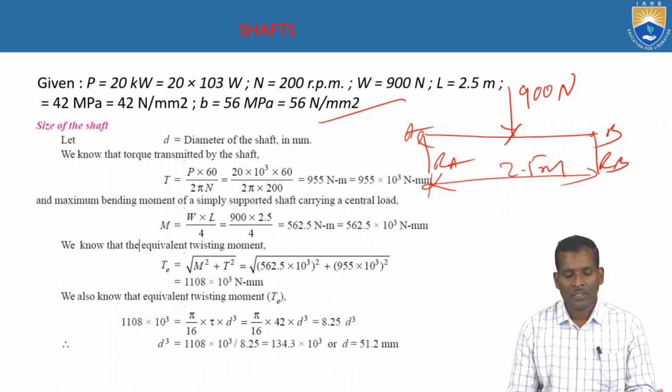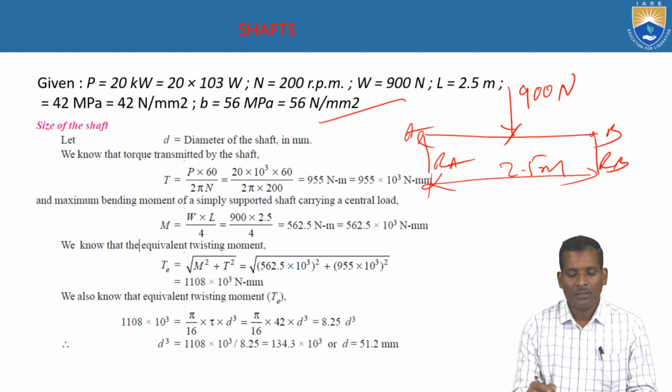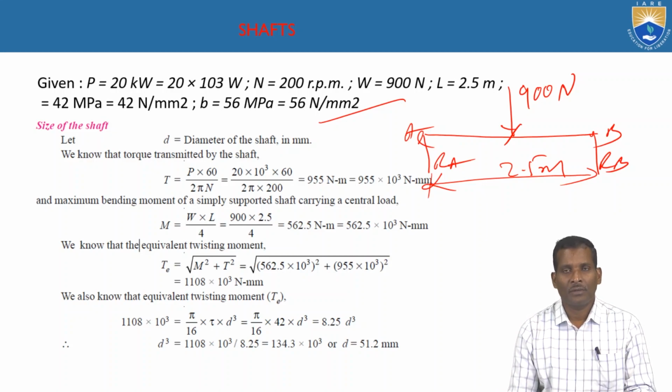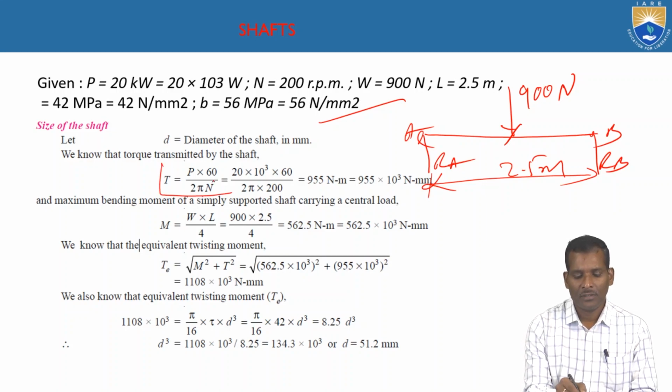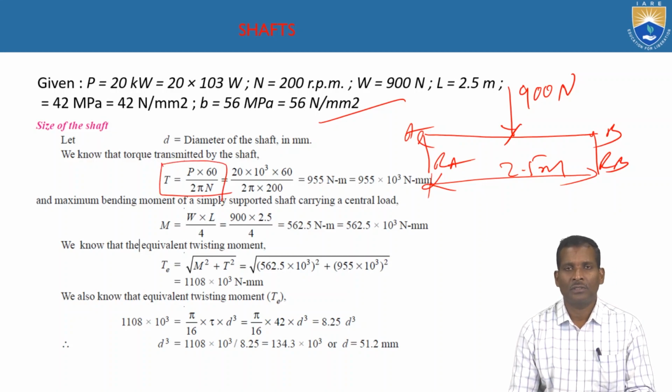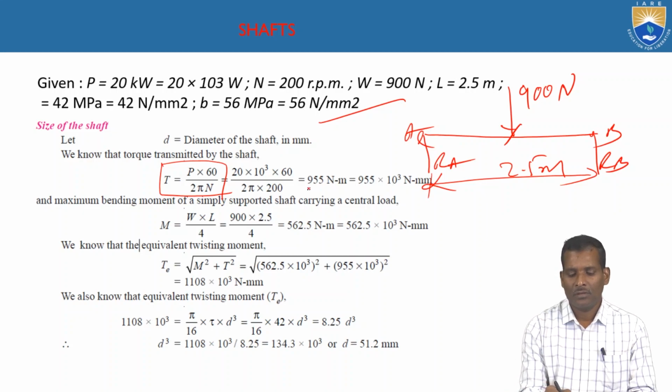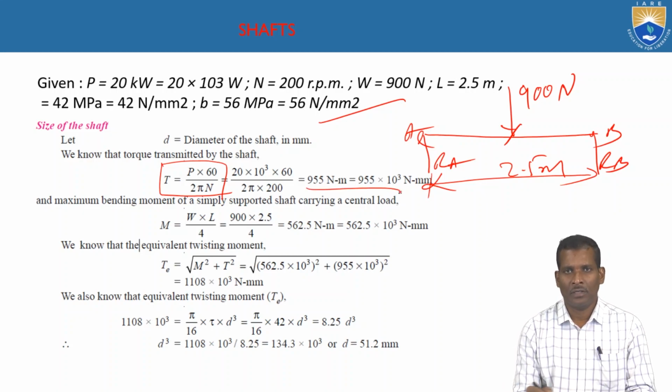Here, the size of the shaft, D, diameter of the shaft in mm, and we know that the torque transmitted by the shaft we may calculate by using this equation. Substitute given values 20 kilowatts and calculate the T.